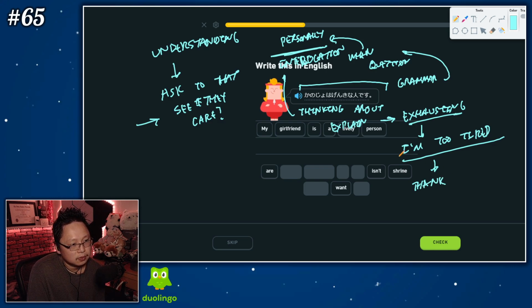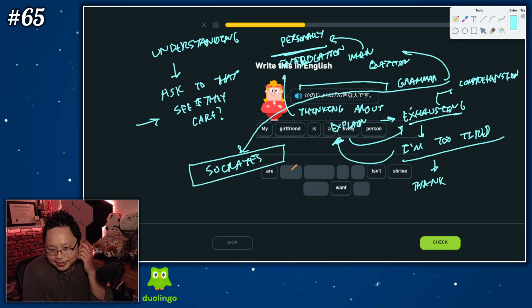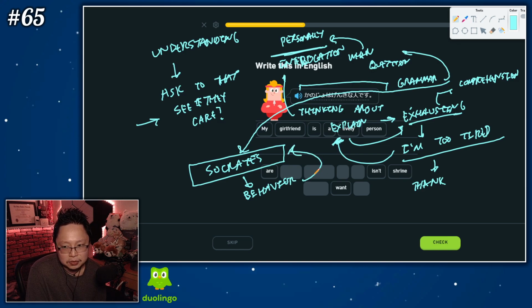My goal genuinely is, if you get someone to explain something to you, it will be exhausting, but ultimately it will increase their comprehension of whatever is important to their lives. And you can kind of say that's like a Socratic method, right? Socrates kind of popularized this. However, then you can integrate behavioral psychology to be educational or encouraging back into the Socratic method.